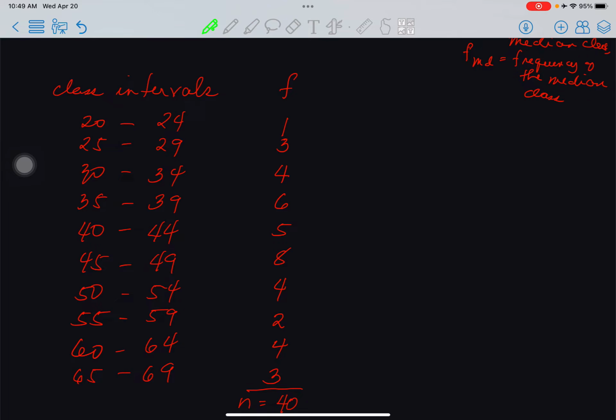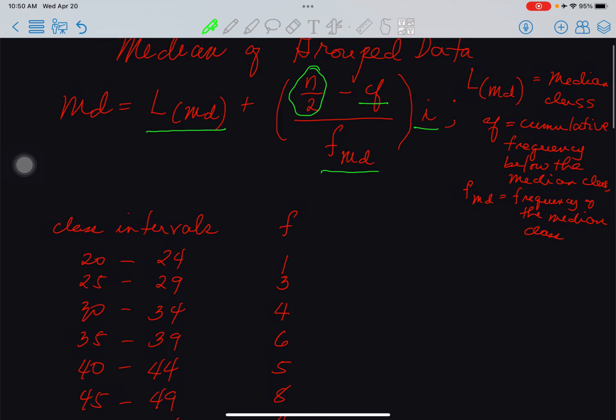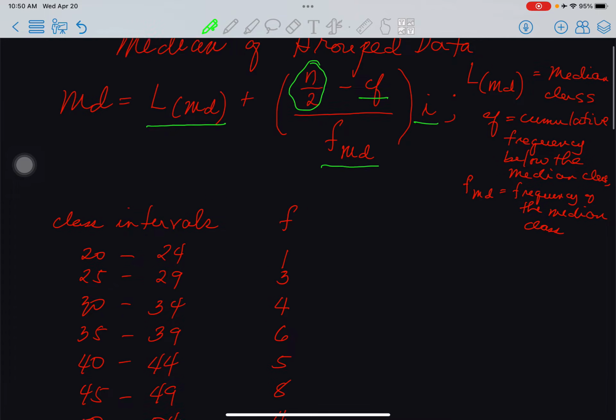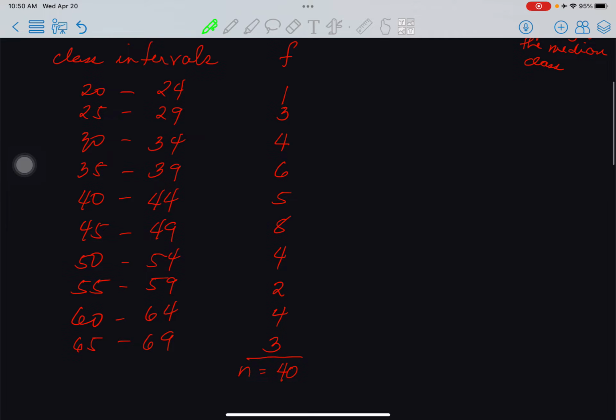So how do we identify your median class? First, we are going to consider our n over 2. Based on our frequency distribution table, we have n equal to 40.